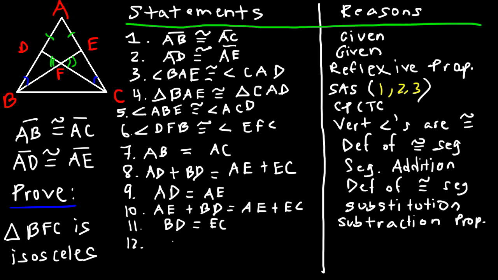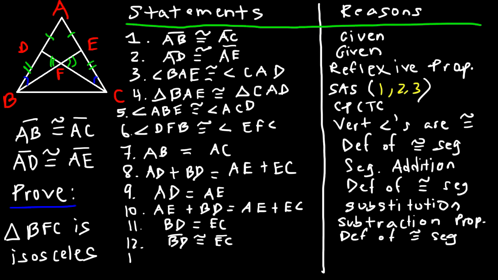Now in step 12, I can say that BD is congruent to EC. And that's definition of congruent segments. So now we can put the mark BD is congruent to EC. So now I can say that these two triangles are congruent.